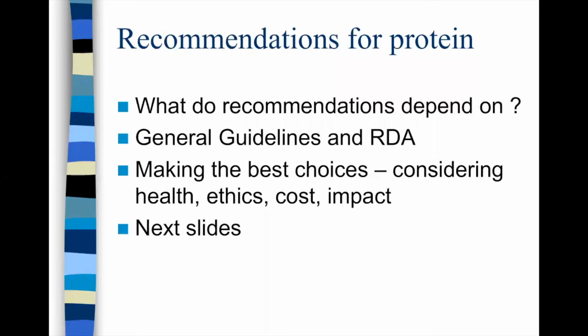So what do recommendations depend on? Recommendations depend on individuals and maintaining our healthy life, as well as being able to get enough protein to resynthesize any of the proteins our body needs for, say, immune cells, skin cells, hair cells, nail cells.